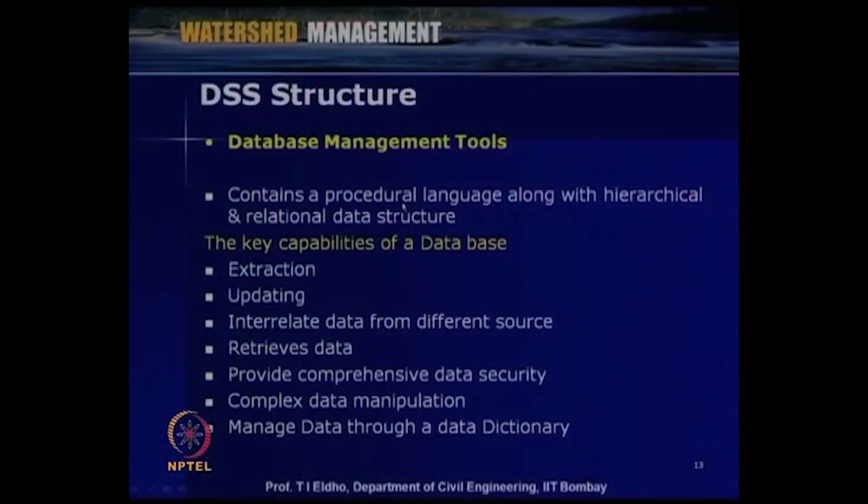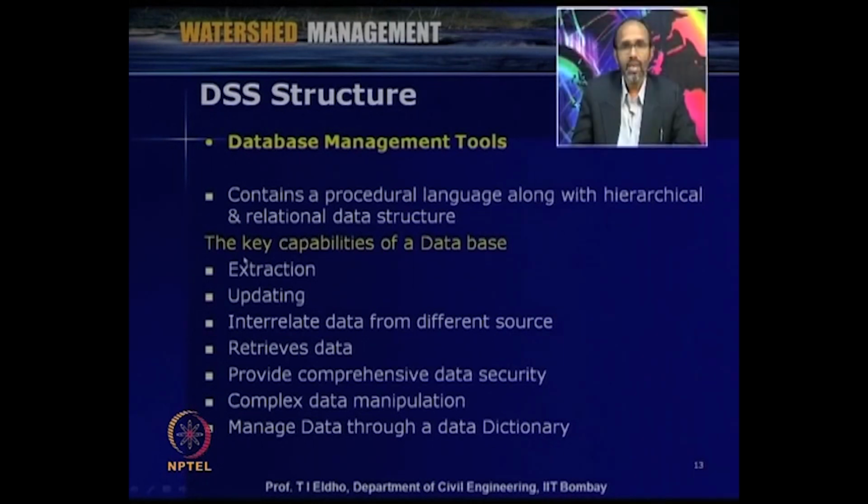Now, as far as the DSS decision support system structure is concerned, when we deal with the database management tools, these contain a procedural language along with the hierarchical and relational data structure.